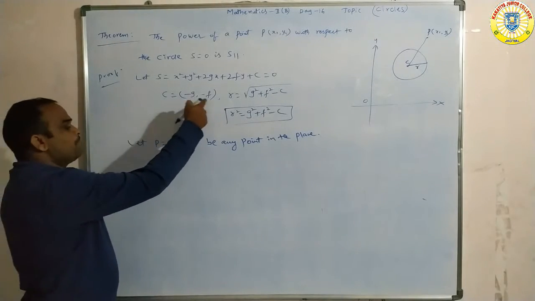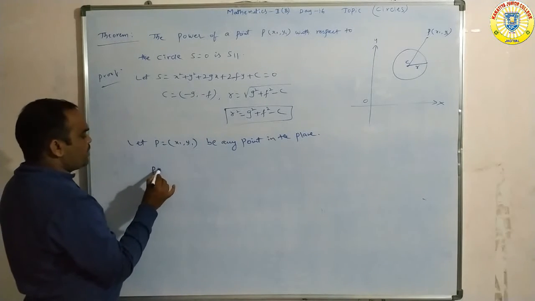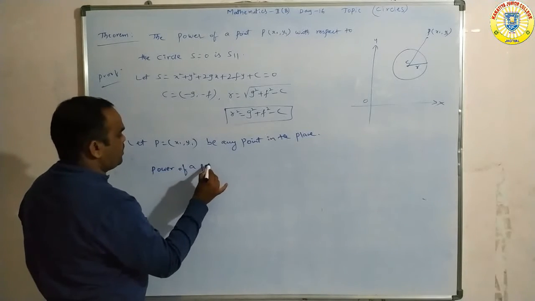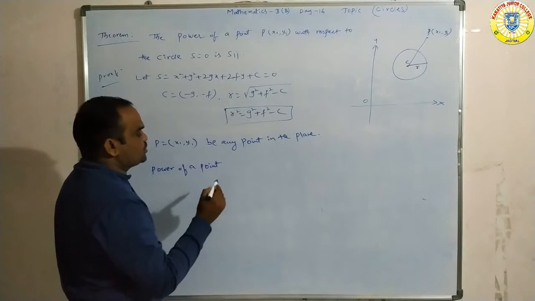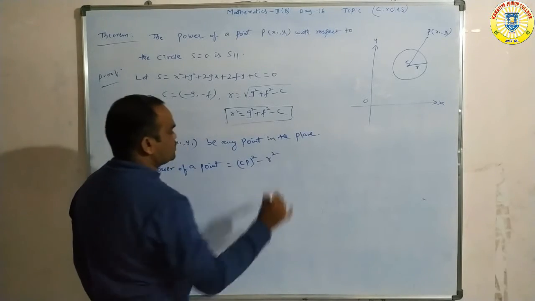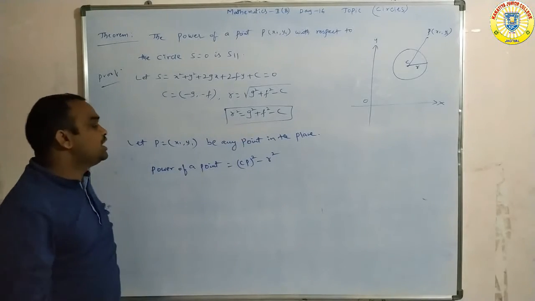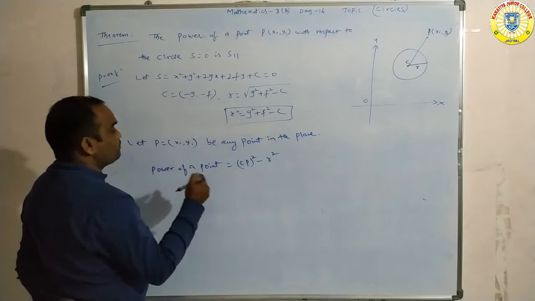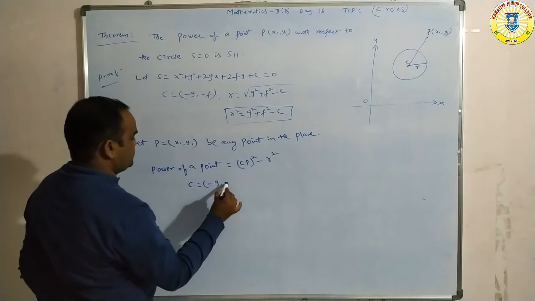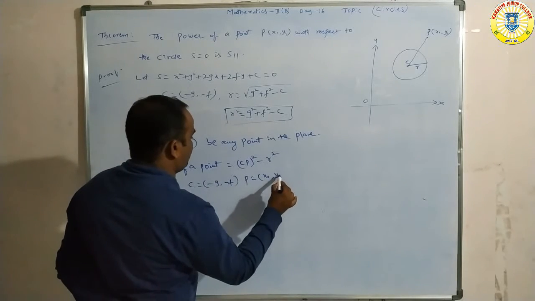The center is minus g comma minus f. We already know the formula for the power of a point: the value of Cp square minus r square is the power of a point with respect to the circle S is equal to 0. Here C is minus g comma minus f and P is x1 comma y1.